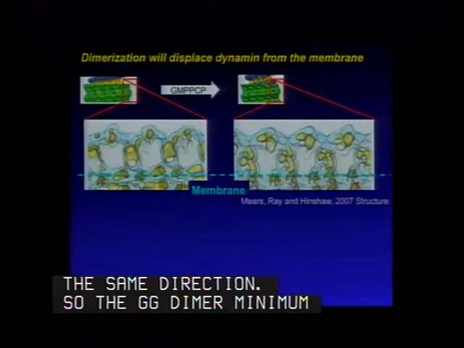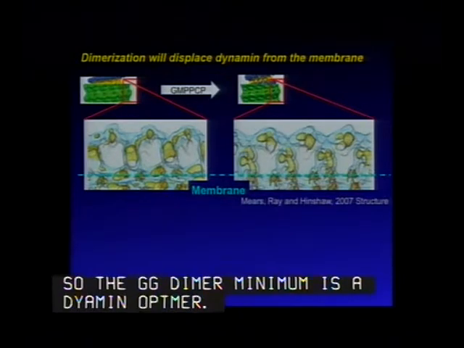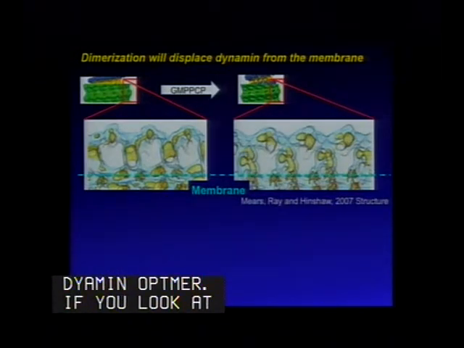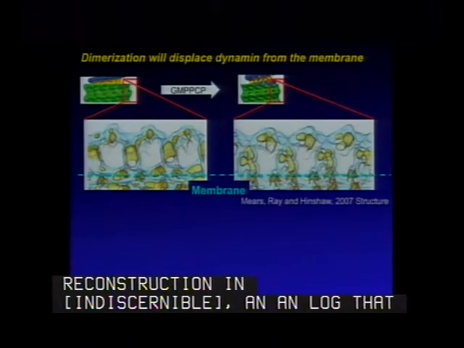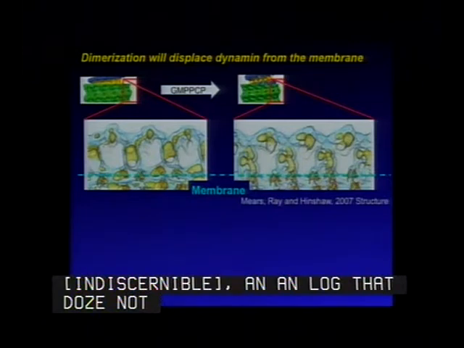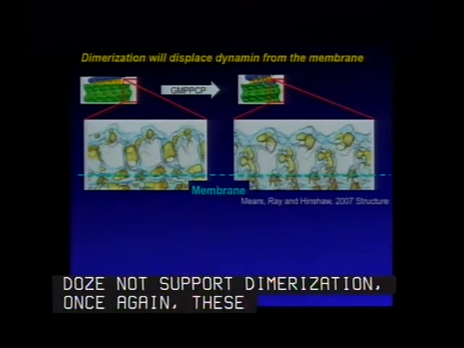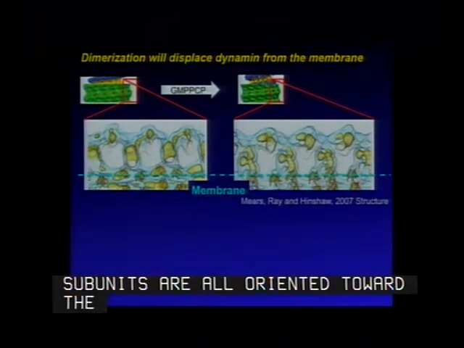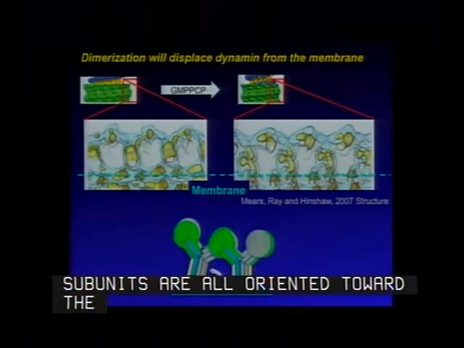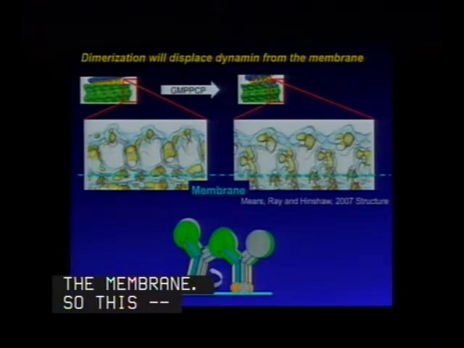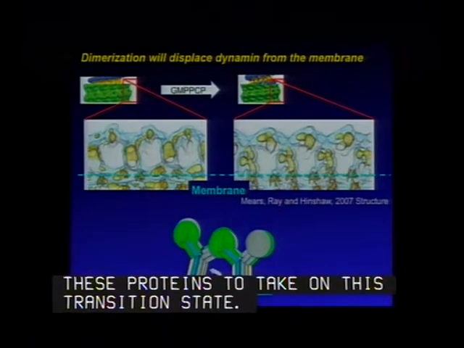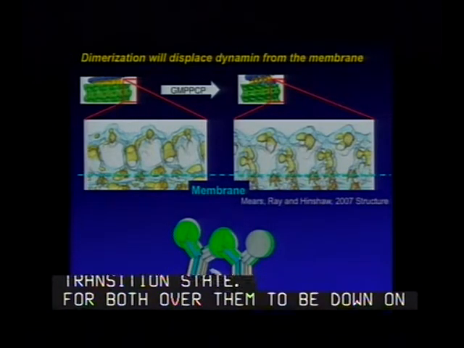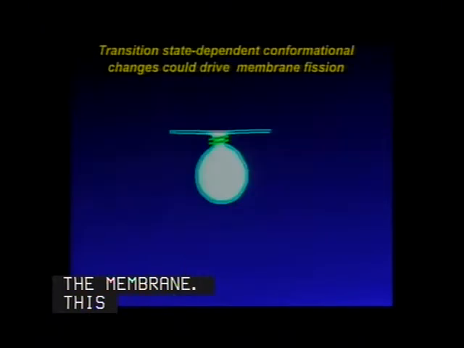In addition, if you look at Jenny's reconstruction in GMP-PCP, remember an analog that does not support dimerization in Josh's assay, once again, these neighboring subunits of dynamin are all oriented towards the membrane, and so it's impossible for these proteins to take on this transition state dimer conformation and for both of them to be down on the membrane. So this may explain that GTP-induced disassembly that we've been seeing all along.